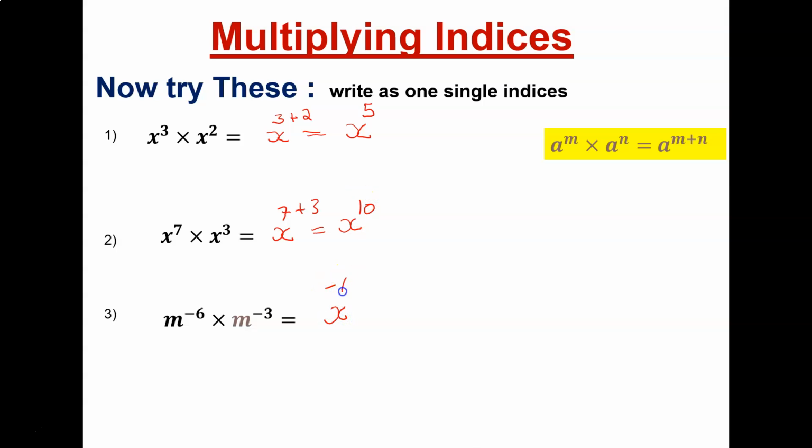Minus are numbers, so we've got minus 3. We need to add them. And here you need to know a little bit about your directed numbers. X minus 3, x minus 6 gives you x minus 9. That's the answer. That's how you use the multiplication rule.